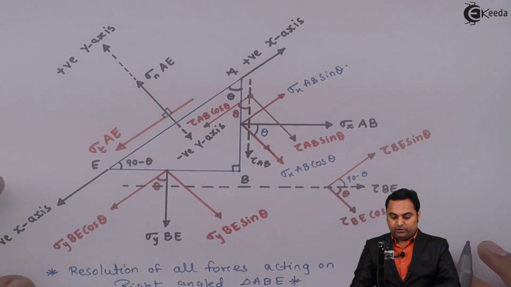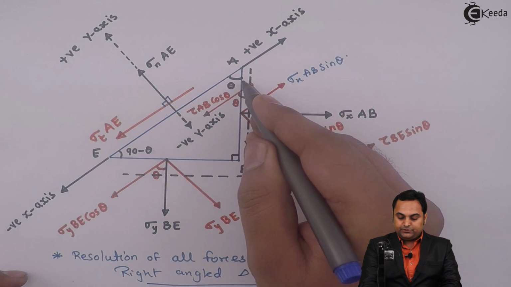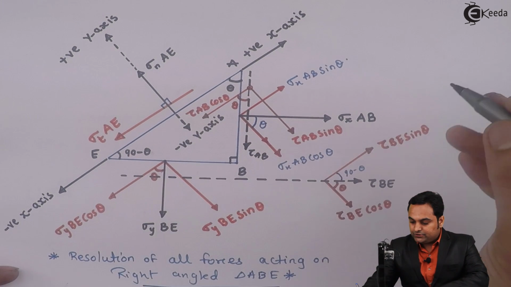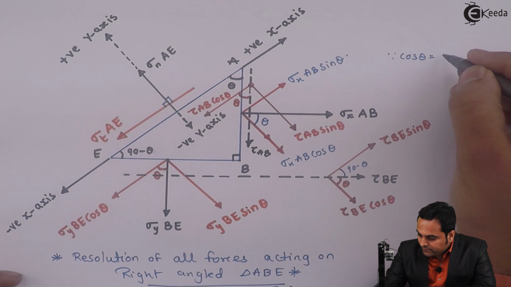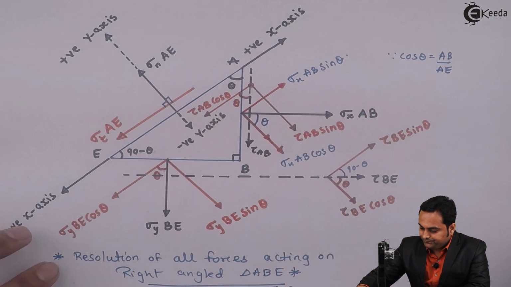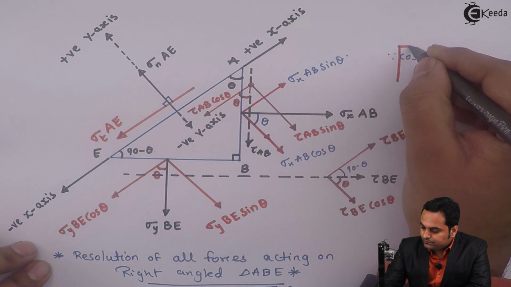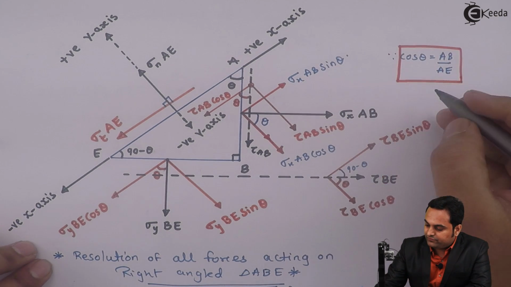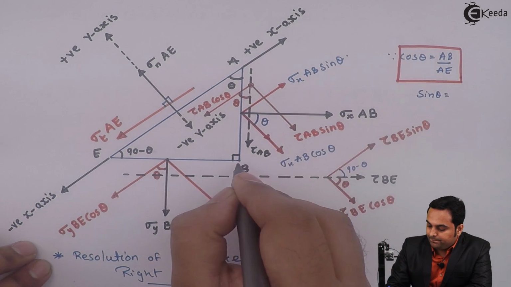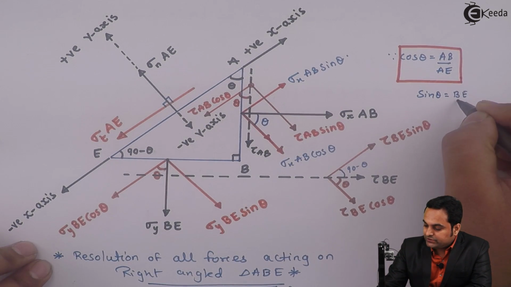Next, I'll simplify this. Since AB upon AE is equal to, looking from the bigger triangle, AB is the adjacent side to theta, AE is the hypotenuse, so cos theta is equal to AB upon AE, adjacent upon hypotenuse. Similarly for sin theta, it will be BE, opposite to theta, upon the hypotenuse, which is AE.